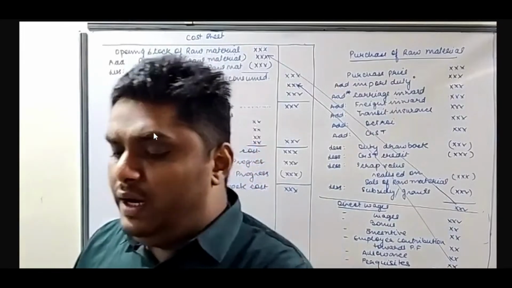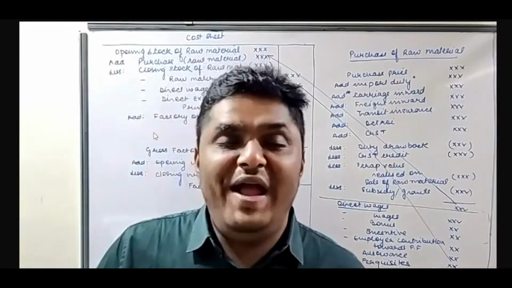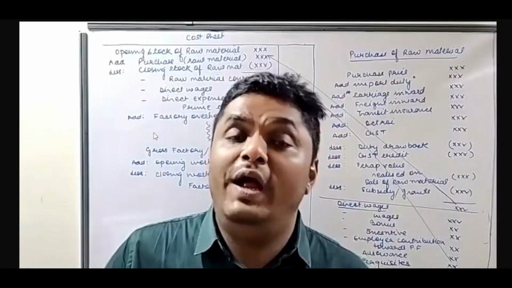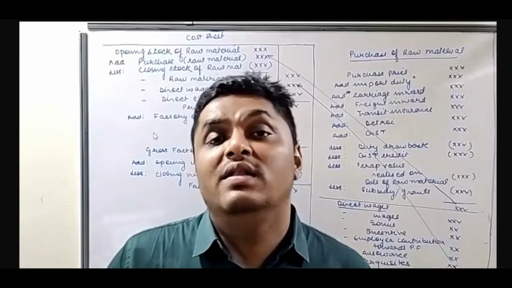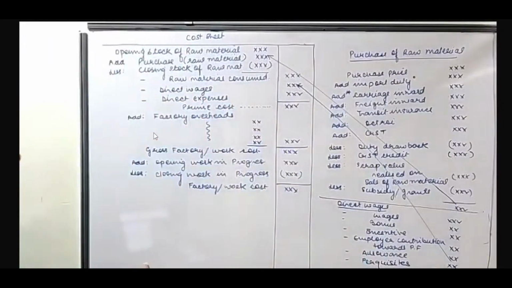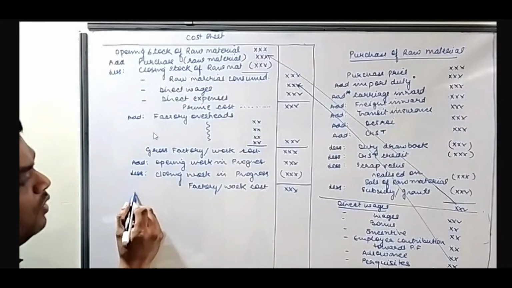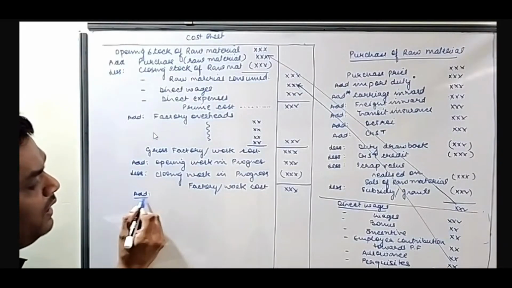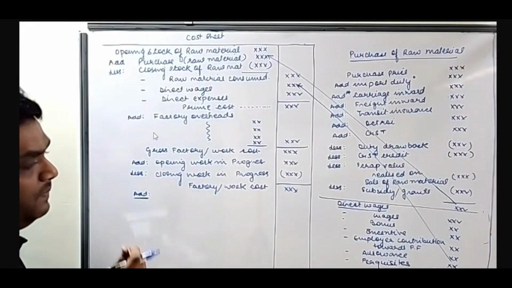Now, after calculating the factory cost or work cost, we have to add a few items to calculate the cost of production. So what all items need to be added? This part is very important and a new concept.